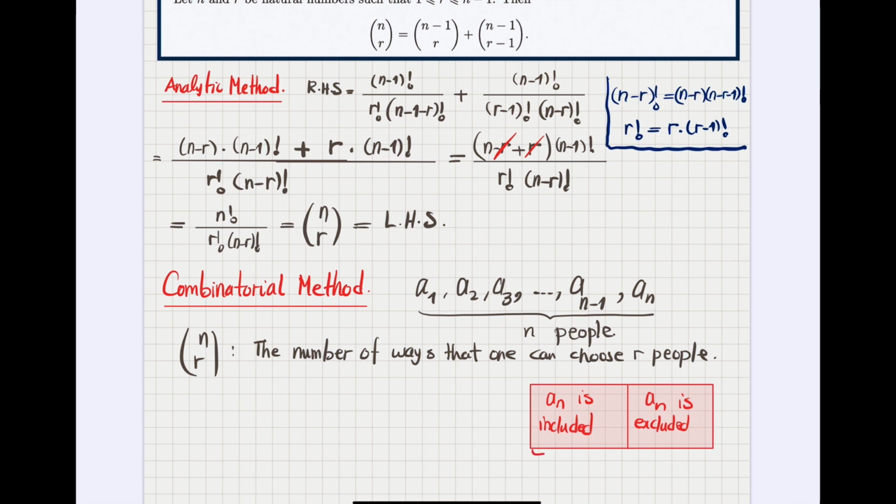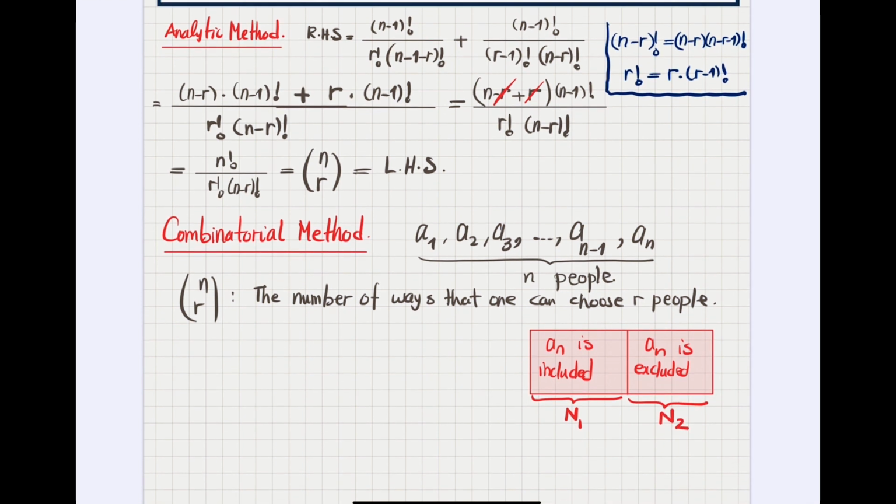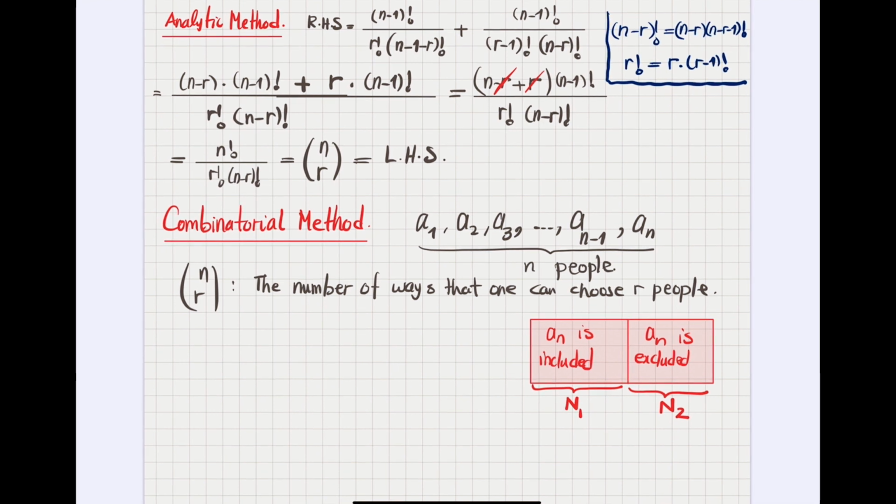Let me give the number of items here to be N1. Let me write capital N not to confuse it with this little n. And then let me put the number of items in this as N2. Let me tell you something first. What can you say about N1 plus N2 and its connection with this number?